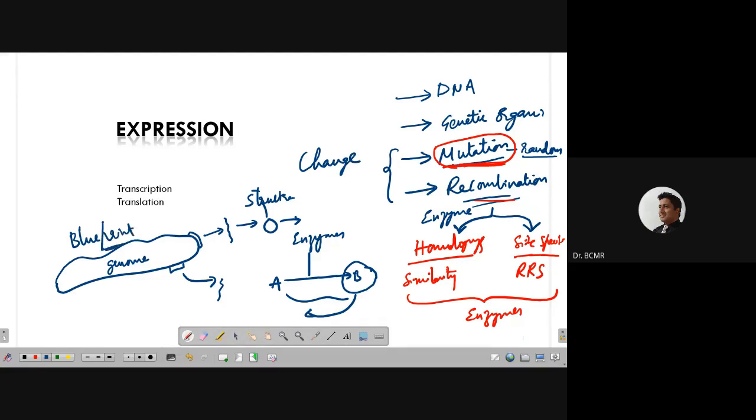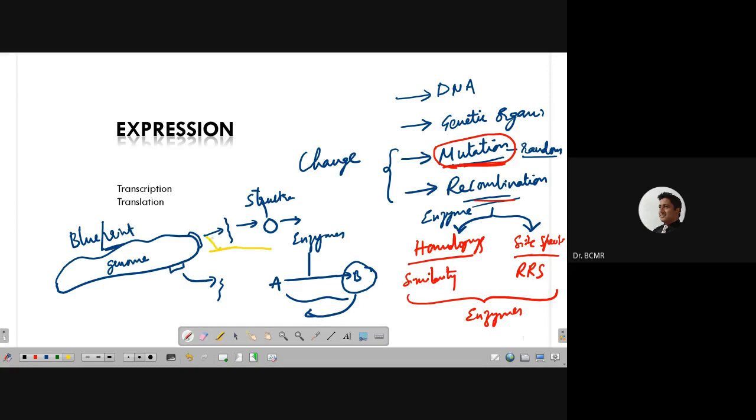That's the blueprint. So, what we are going to learn from now on is how this expression occurs. How does transcription occur? How does translation occur? And so on.